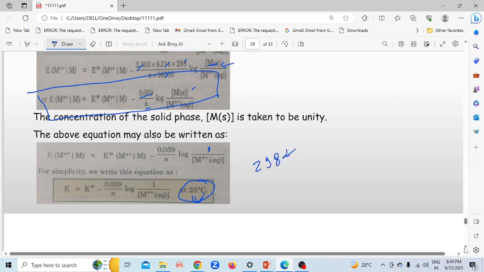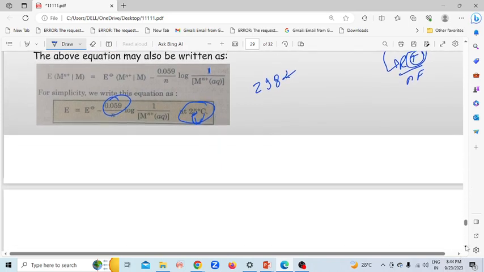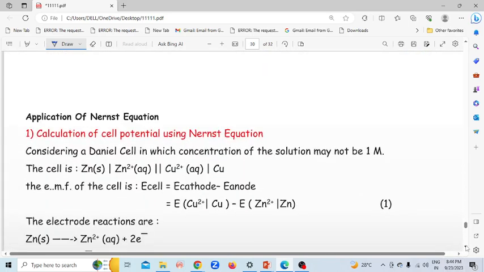If it is not room temperature, then this value, 0.059, will change, because it depends on temperature through RT upon nF, and T was taken as constant. If your reaction is not at room temperature, you need to calculate this value again. So this is all about the Nernst equation.